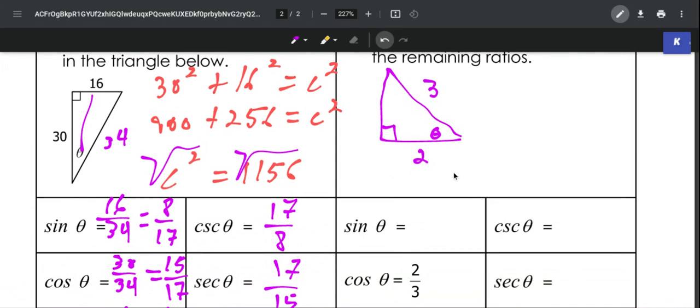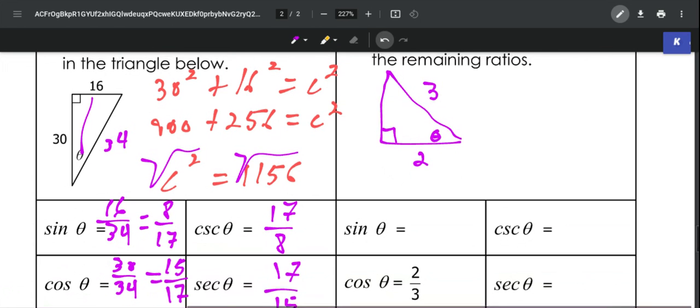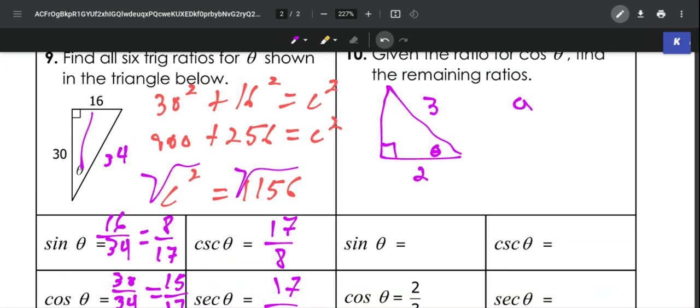But we can do that because we can just use a squared plus b squared equals c squared. So we'll say a squared plus 2 squared equals 3 squared. That gives us a squared plus 4 equals 9.